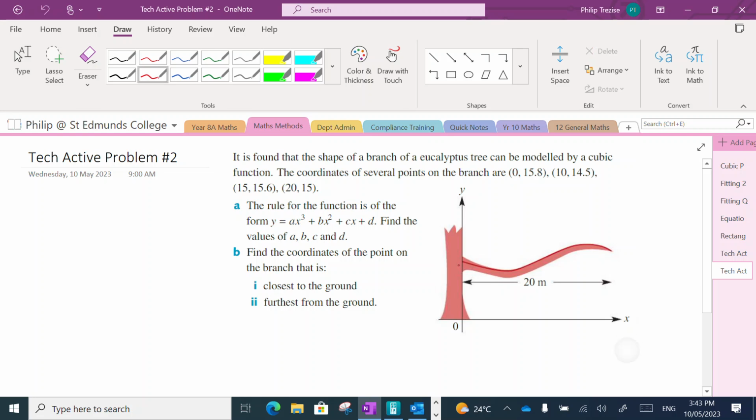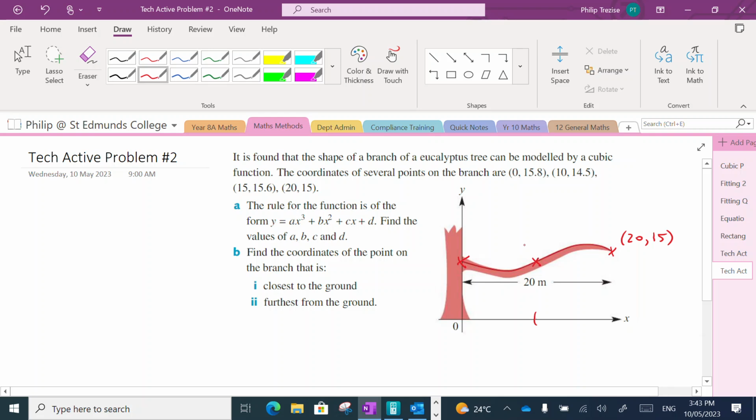0, 15.8, that one would be there. Then we've got 10, 15, and 20. Noticing that 20 is all the way over there, that would be the coordinate 20, 15. 10 would be roughly in the middle, so that's about there.